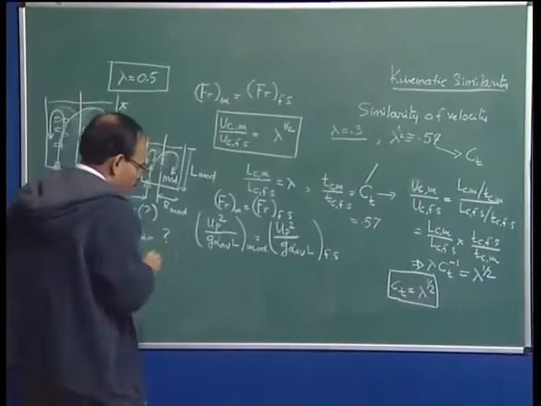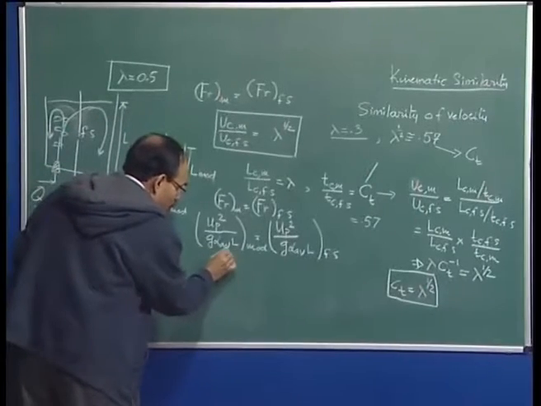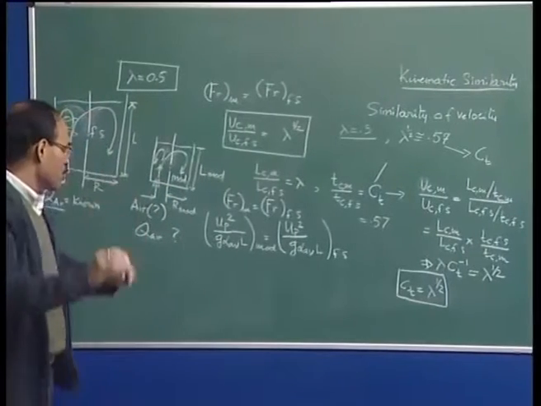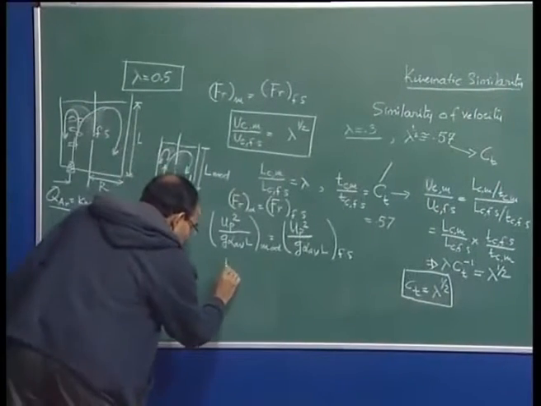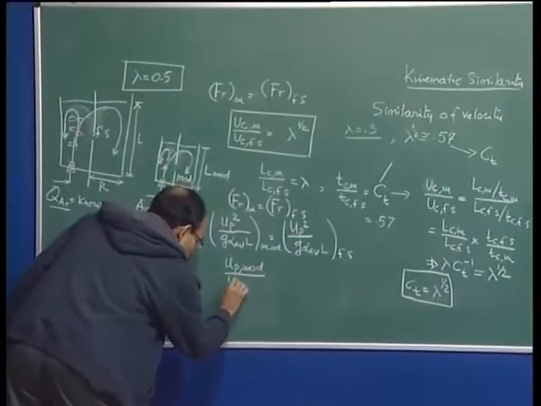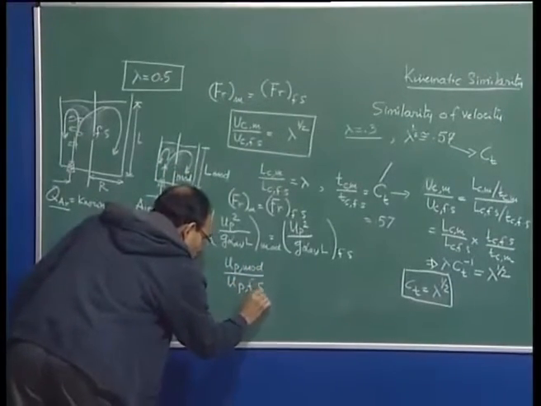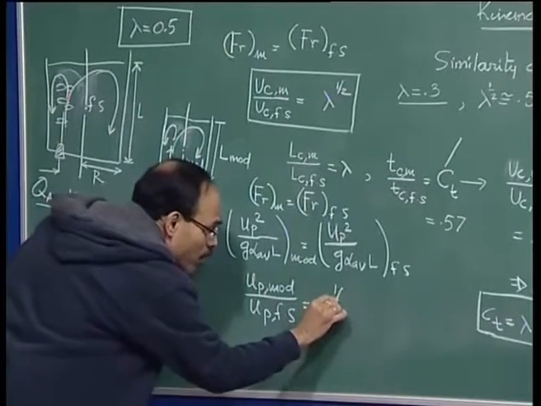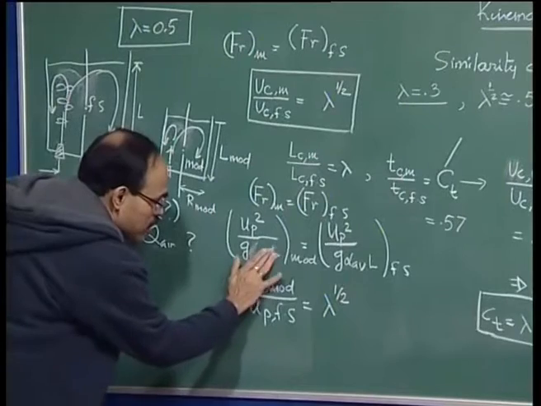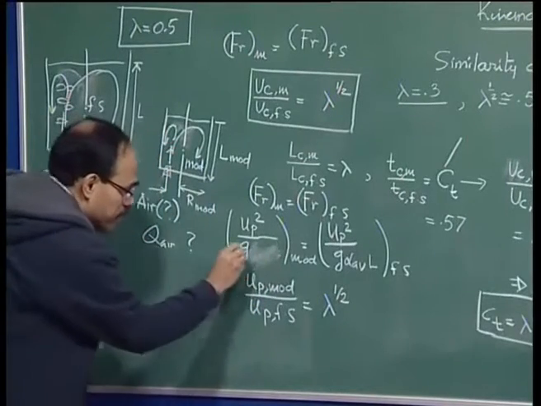So, as a first approximation, I can say that alpha average in the model is equal to alpha average in the full scale. If I make that assumption, then it turns out that up model by up full scale will come out to be lambda raised to the power half.